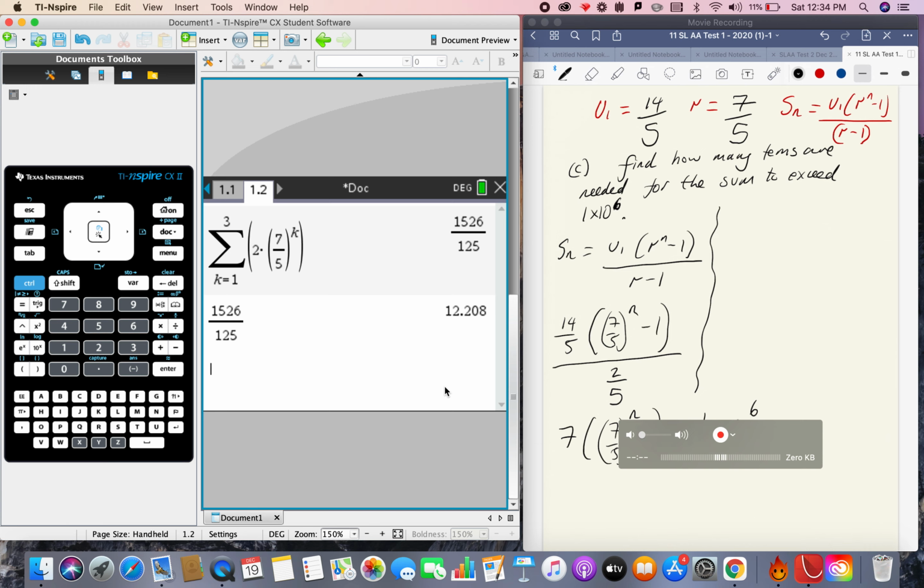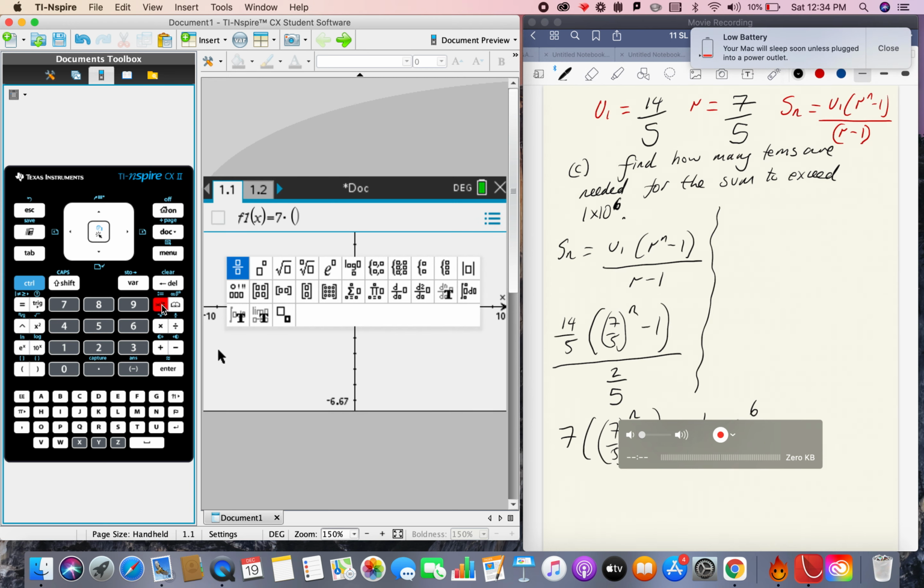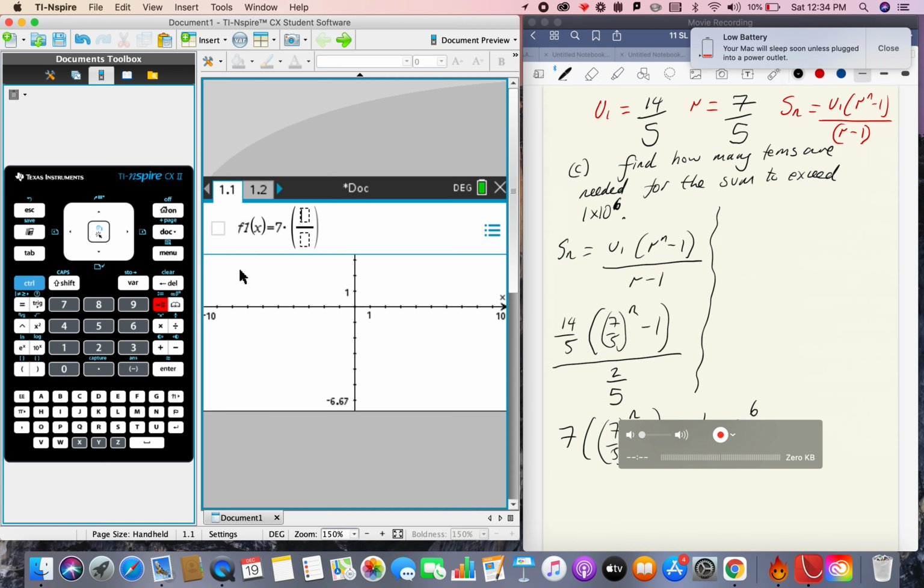Maybe I'll save that till later. But first I'll try it with a graph. So go back to your TI-Nspire. I'm going to type in the left-hand side of this, which is 7 times open bracket fraction 7 over 5, within the fraction here, 7 over 5.